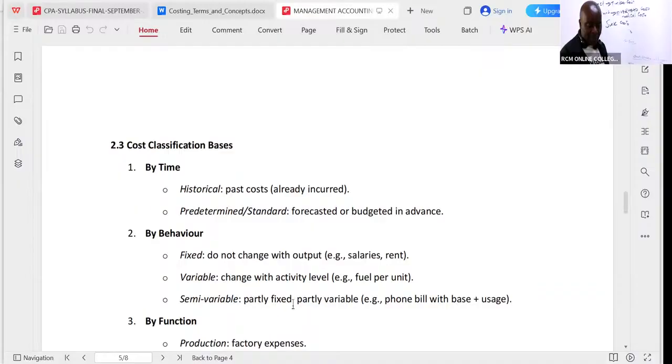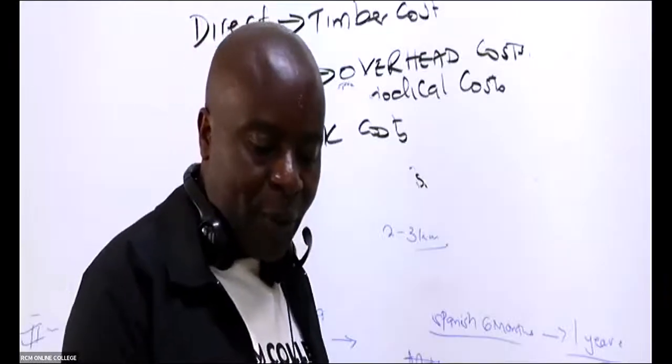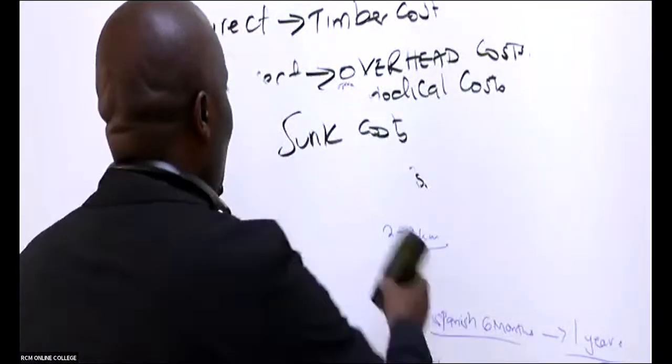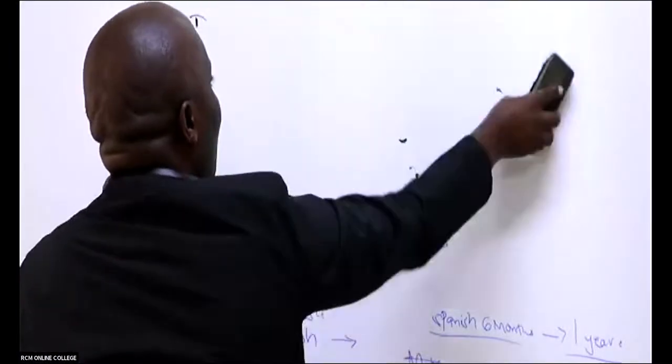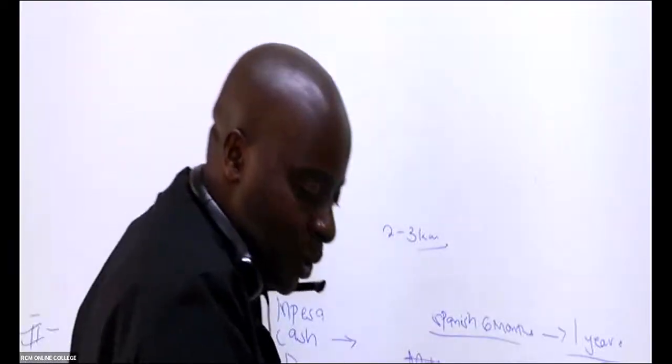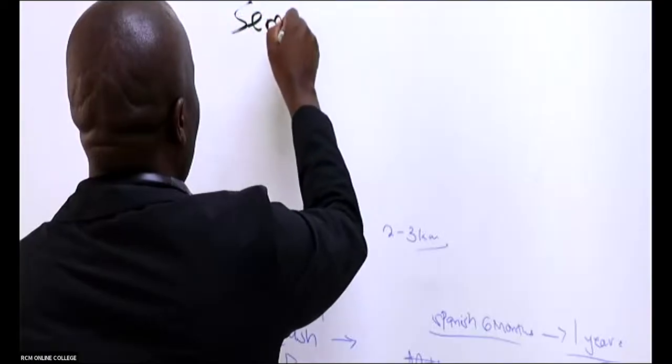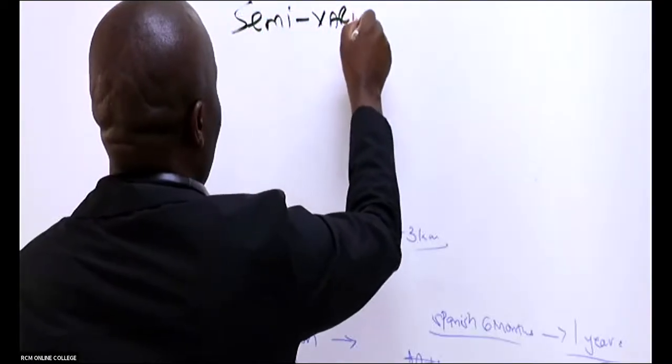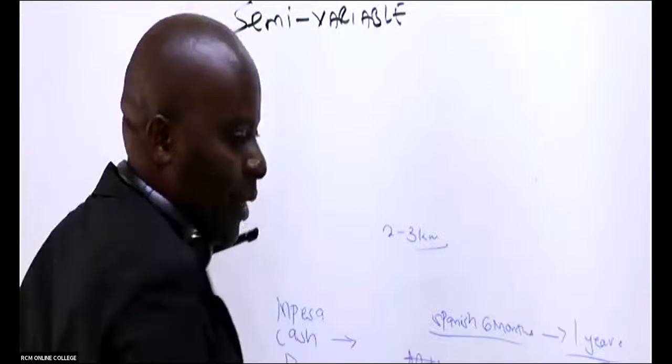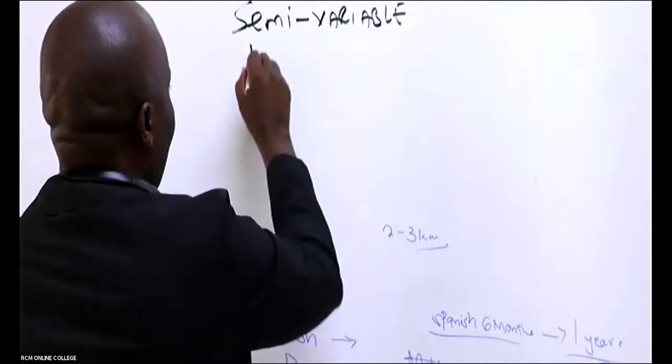Semi-variable costs are partly fixed and partly variable. So whenever I talk about semi-variable cost, my good students, this is how semi-variable costs look like.